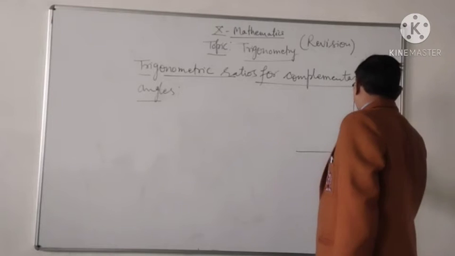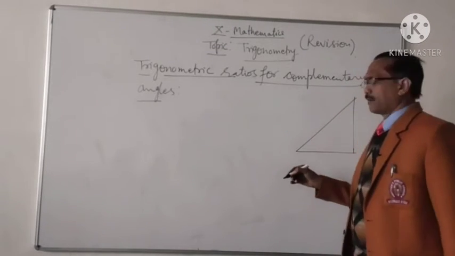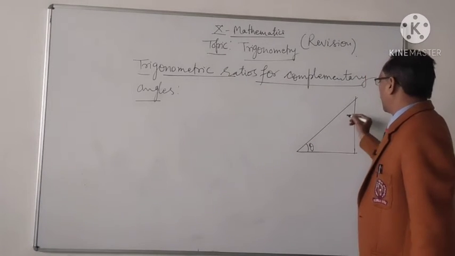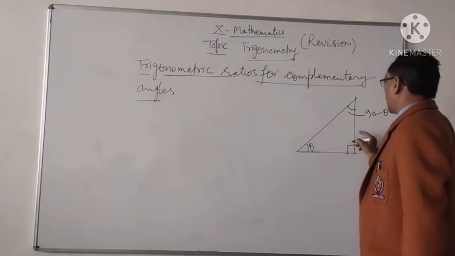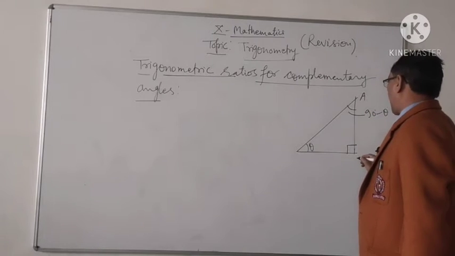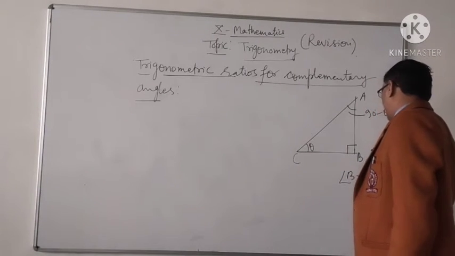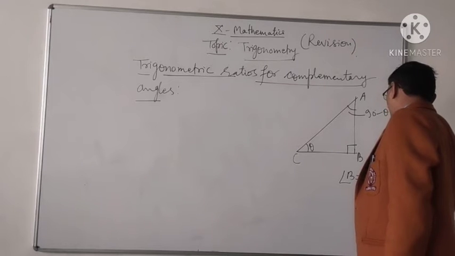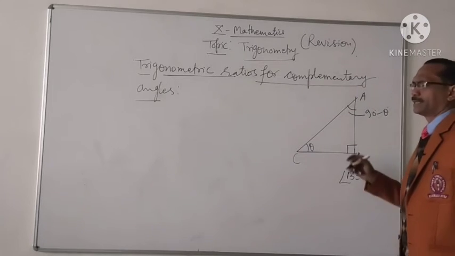Student, one angle is theta, then this is 90 minus theta, or it is the complementary angle. There is a triangle A, B, C, angle B is 90, and angle A and C are complementary angles.